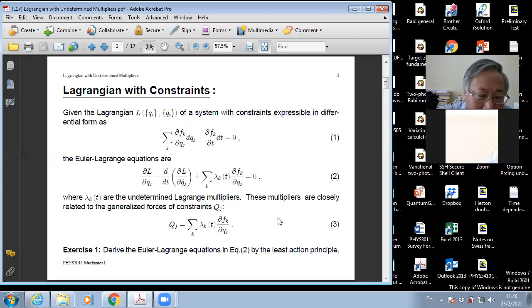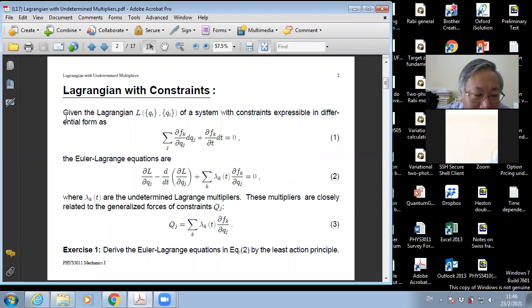One way to do it is using the undetermined Lagrange multipliers. I believe that all of you have learned about the Lagrange multipliers when you are asked to find the extrema of a function or of a certain quantity, right? And the idea is exactly the same.